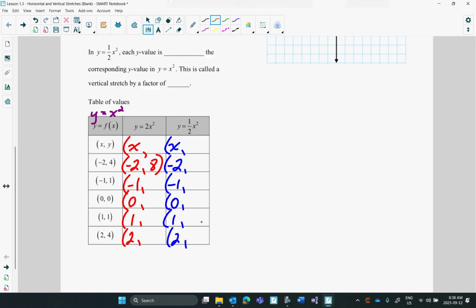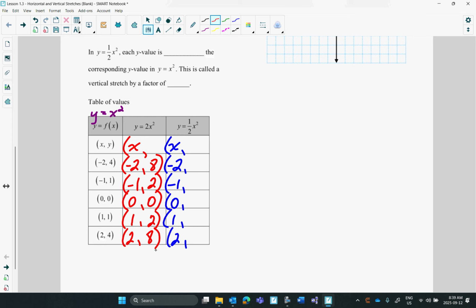So -1 squared is 1 times 2. That means this point would become -1, 2. 0 squared is still 0, 0 times 2 is still 0. Plug in 1 squared times 2, I get 2. 2 squared is 4 times 2, I get 8 again.